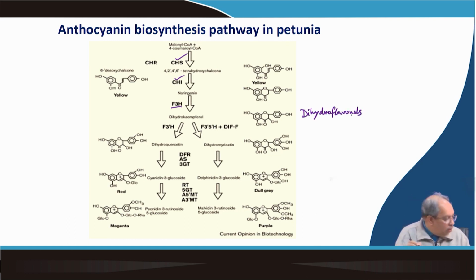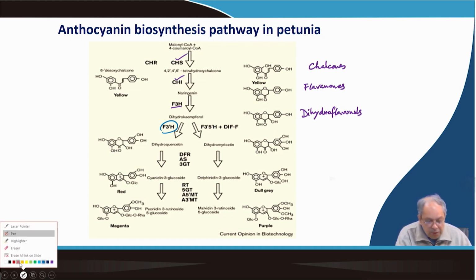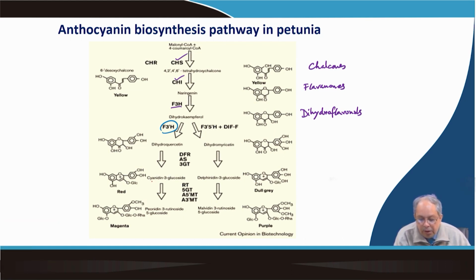Naringenins are flavanones, and this step is chalcones. In the next step, this will be converted into dihydrocampherol, and by F 3 prime H into dihydroquercetin, which eventually makes the formation of cyanidin.